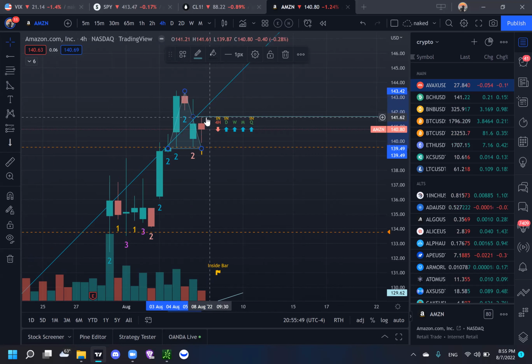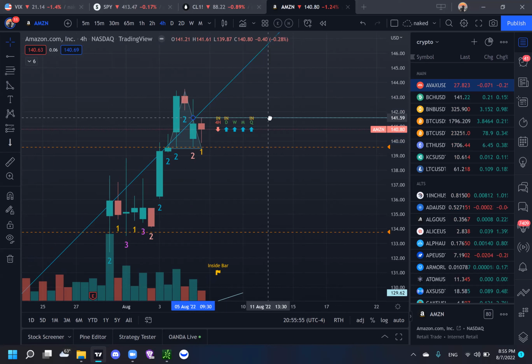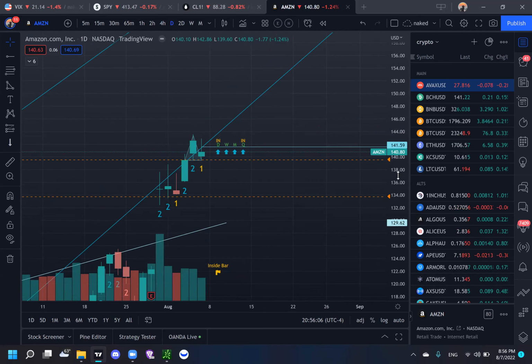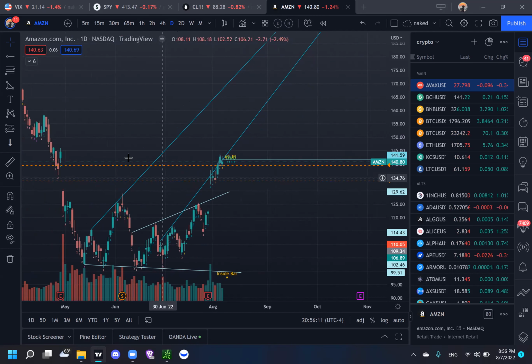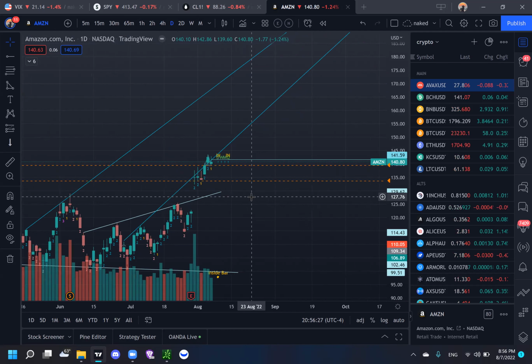So entry would be when this candle breaks to the upside. And then we could take it back to these highs. And if it breaks that, we're going to heaven, boys. Yeah, I can go over here to like 146. That'll be the next target after it breaks Thursday's high. And then if it continues going up, 149 to 150. Interesting. All right, Amazon is definitely going on the list.